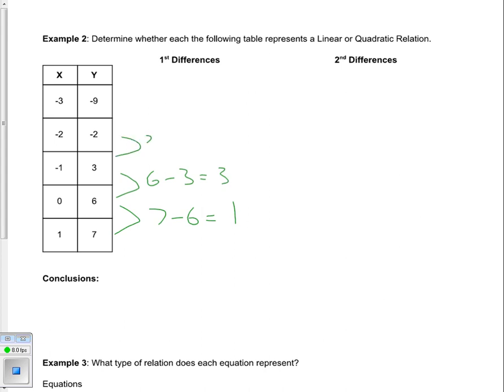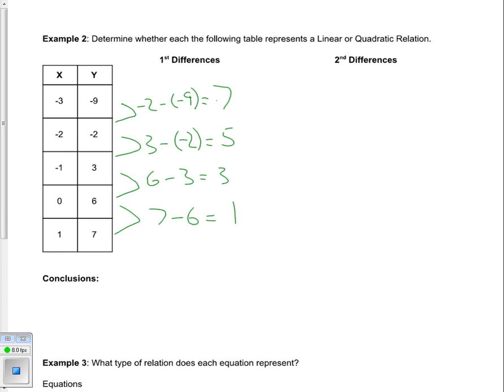And if I do 3 minus negative 2, that equals positive 5. And negative 2 minus negative 9 equals positive 7. So my first differences are not the same. And because the first differences are not the same, I know automatically that it cannot be a linear relationship.